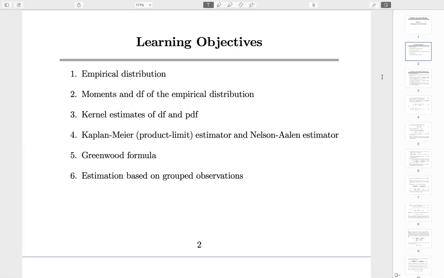The technique we are going to apply is based on non-parametric methods, meaning we do not make any particular assumption on a parametric model. There are obviously advantages of doing non-parametric estimation, and there are also disadvantages.